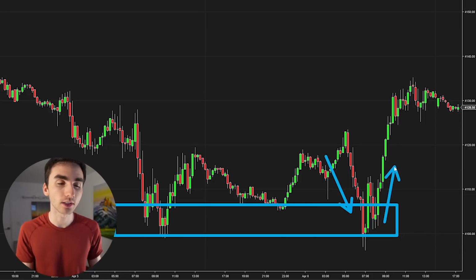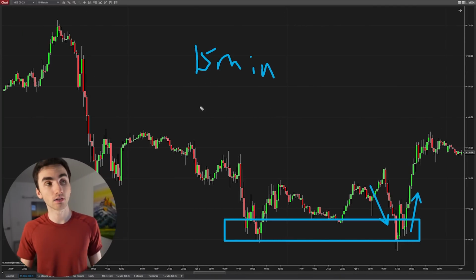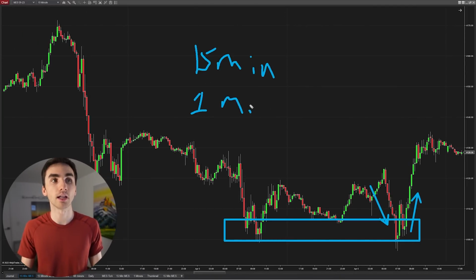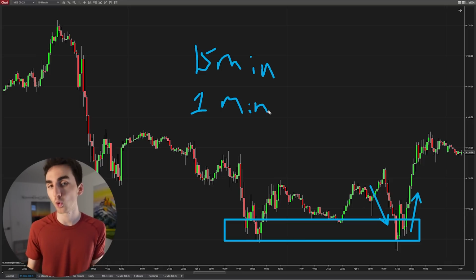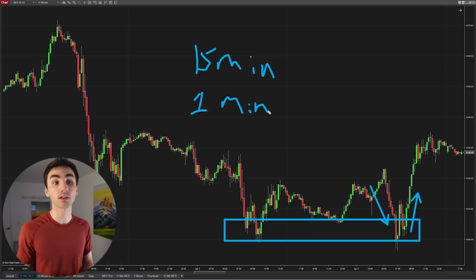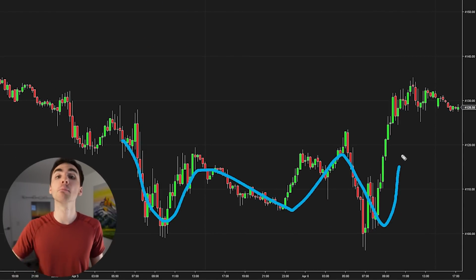And a key here that I haven't told you about yet is that this chart is a 15-minute chart, and I trade on a 1-minute chart. The significance of that is I look at a larger big picture time frame for a lot of my support or resistance levels, because on a larger time frame, the swings in the market are clearer and they're going to be more significant.